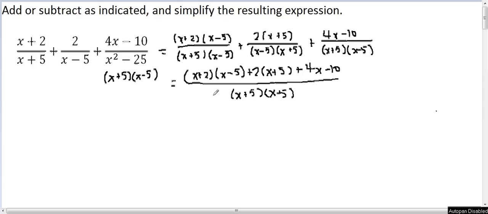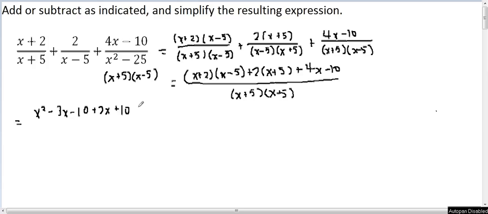Next, let's multiply out the expressions we have in the numerator. We're going to be using FOIL to multiply this out. So we get x squared, and for the linear terms, we get 2x and minus 5x, and 2 minus 5 is minus 3, so we get minus 3x. 2 times minus 5 is minus 10, and we get 2x plus 10.